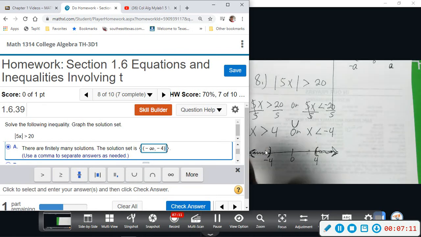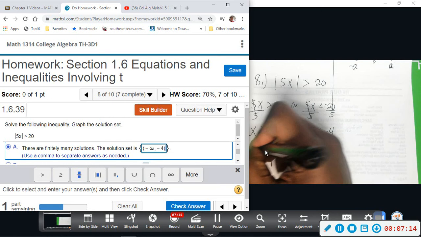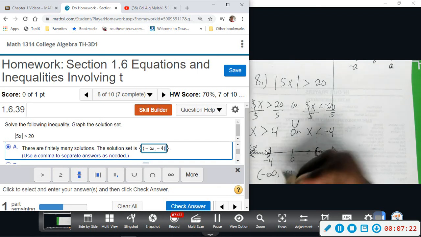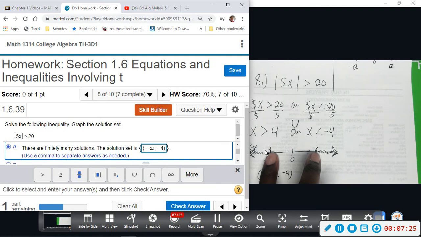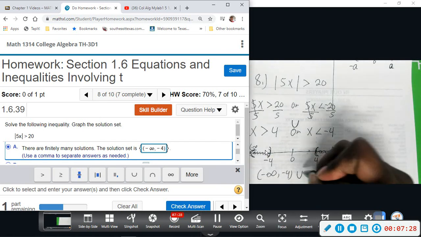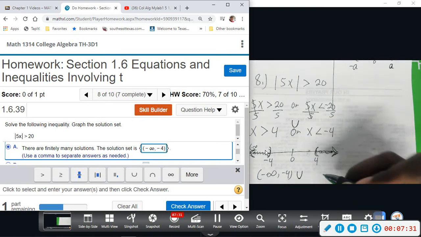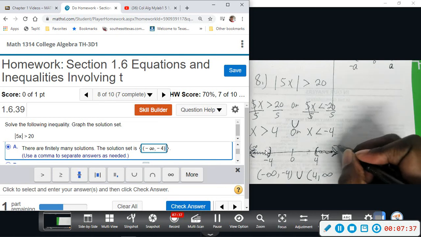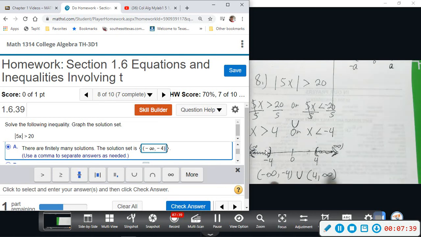So this left side is negative infinity to negative 4 to represent this. And then there's a break in the number line, and then we connect it. This is like our connector, the union, or the or symbol. And then we go over here, positive 4 to positive infinity, because that's where that's going. I don't think I explained that beforehand. And then we have 4 to infinity.